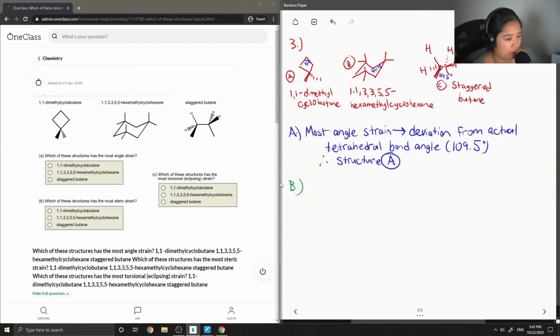Okay, so part B. Which of these structures has the most steric strain? Okay, so here is when the interactions between substituents, so basically when you have bulky groups all close together.